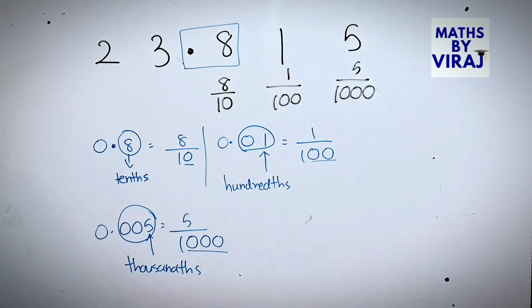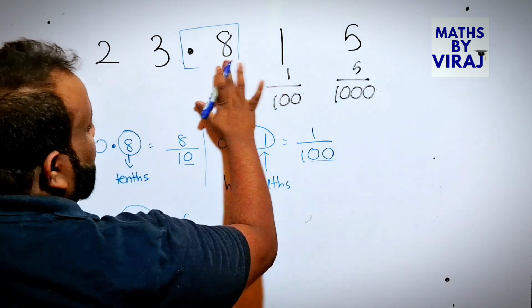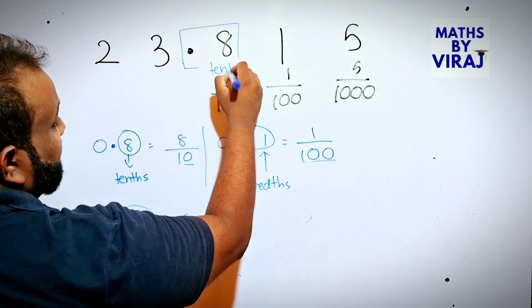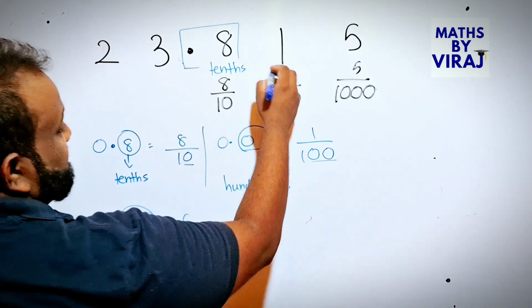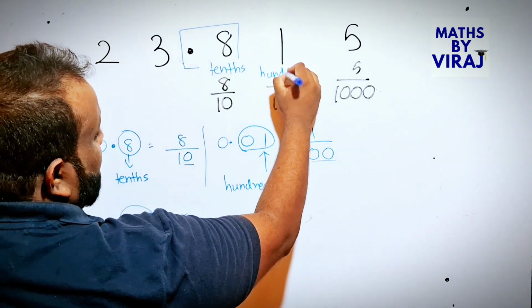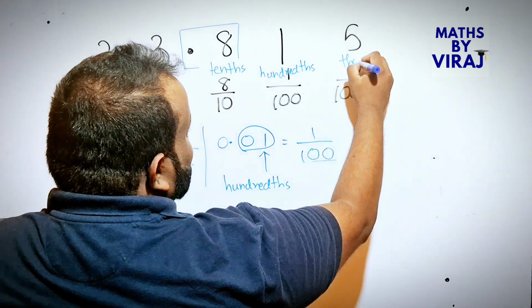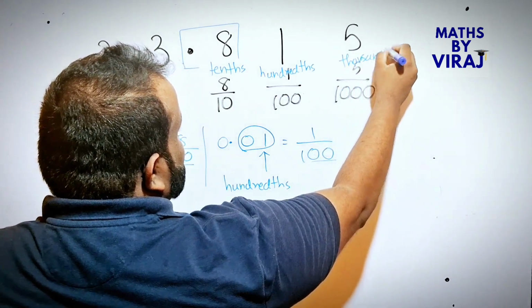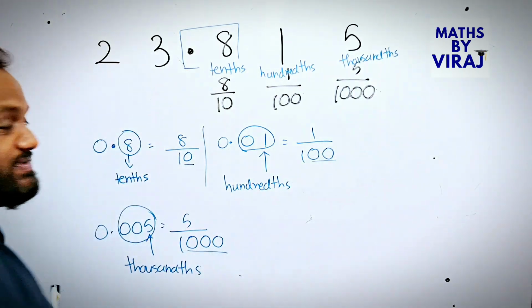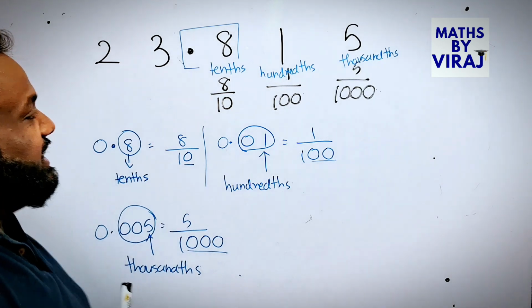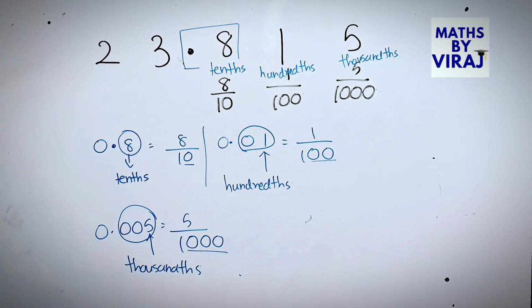Now, this is an easy way for us to understand. Again, this is my tenths place. This is my hundredths place. This is my thousandths place. Even for scholarship exams we learn this. Yes, right. So tenths, hundredths and thousandths. So we will have to convert them into fractions.